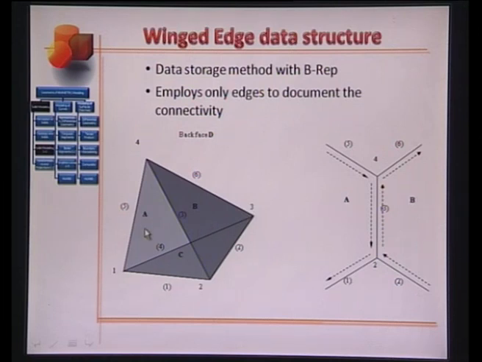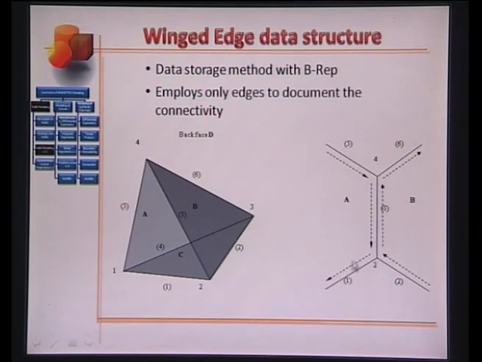With respect to the order, there will be an edge preceding edge 3 on face A, and there will be an edge that succeeds edge 3 on face A. In this figure, edge 5 would be the edge on face A that precedes edge 3, and edge 1 is the edge on face A that succeeds edge 3.